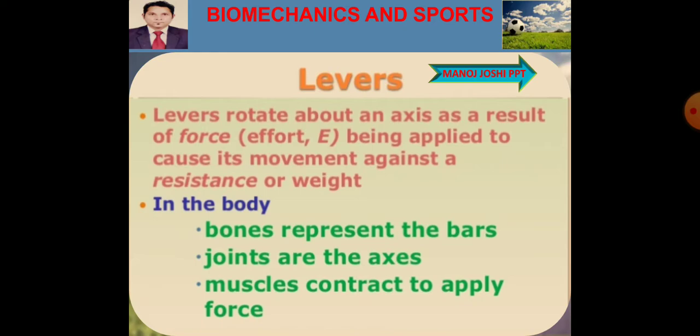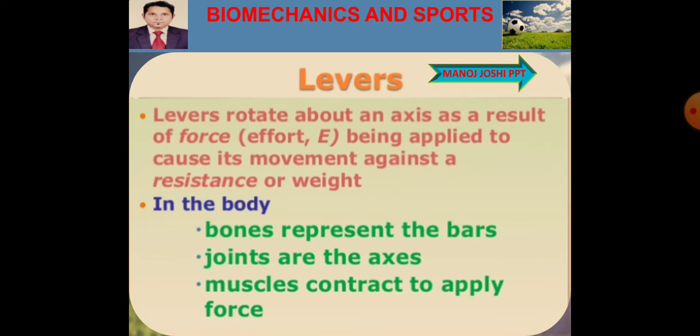So a lever rotates about an axis as a result of force, effort E, being applied to cause its movement against a resistance or weight. In the body, the bone represents the bar, the joint is the axis, and muscles contract to apply the force.